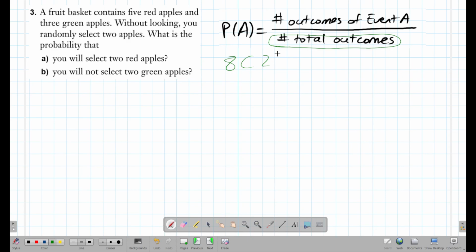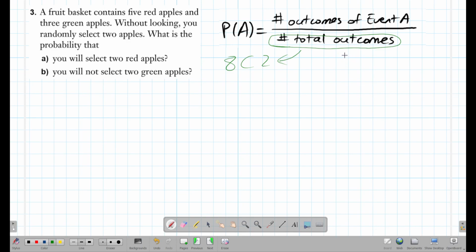And we know to use combinations because order doesn't matter. It doesn't matter if we picked a red apple first and a green apple second, or a green apple first and a red apple second. We just want to pick any 2 apples. So that's going to be our total number of outcomes, 8 choose 2, or 8C2.